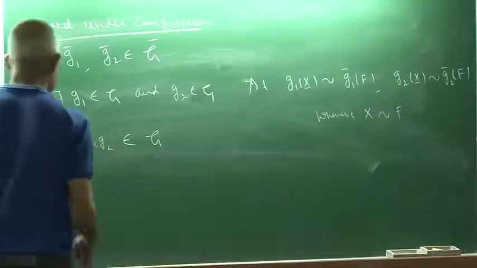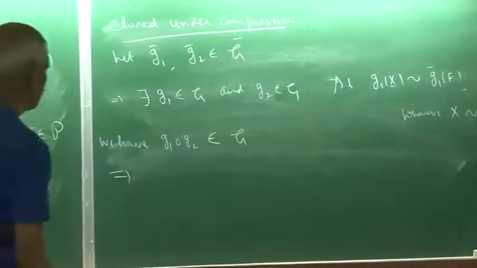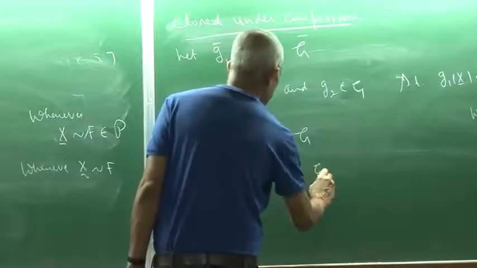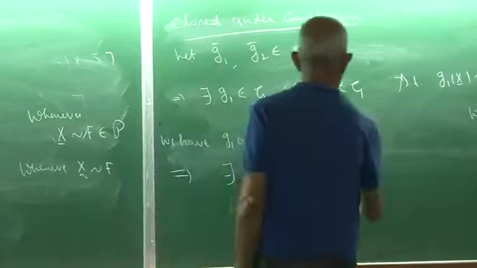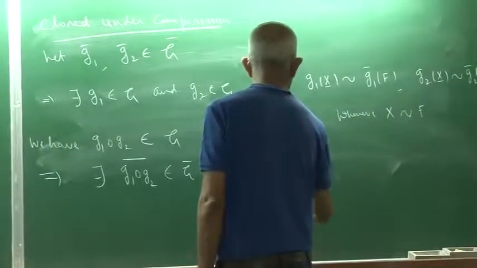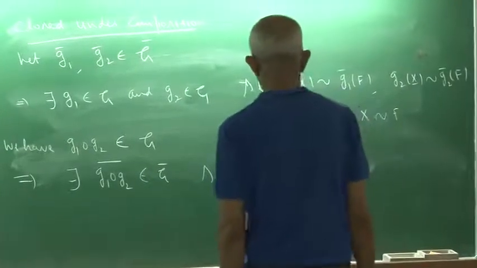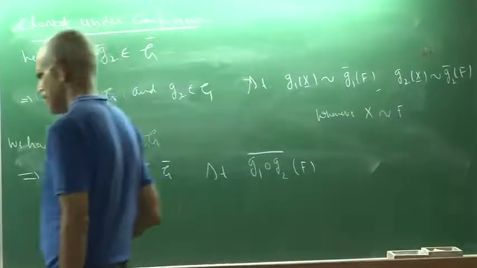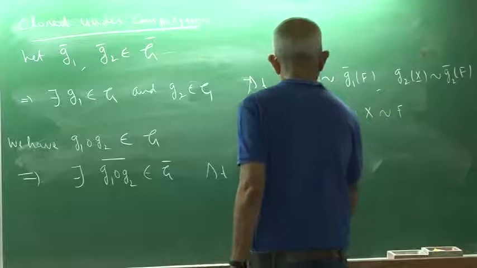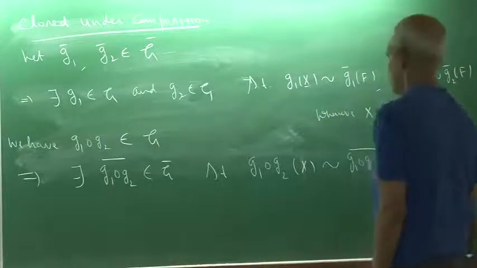So this implies that G1 G2 belongs to G. We have, by the definition of G bar, there exists a G1 G2 bar in G bar such that G1 dot G2 x has distribution G1 bar G2 bar f whenever x has distribution function f.